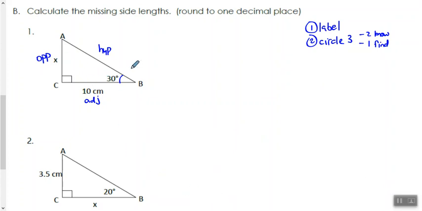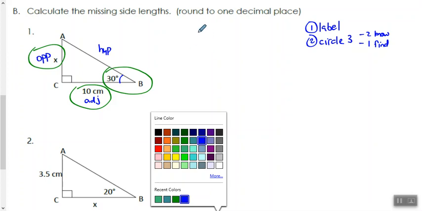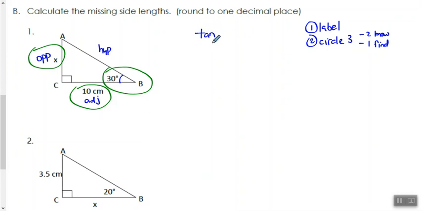So I know this angle, I know this adjacent side, and I want to find the opposite side. So adjacent and opposite, I will be using tan, obviously, because this is my tangent lesson. Okay, so tan of my angle is going to be opposite divided by adjacent.